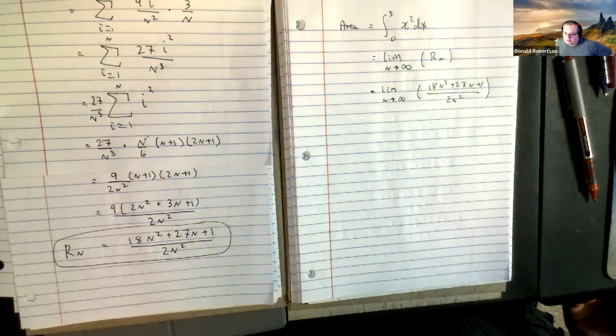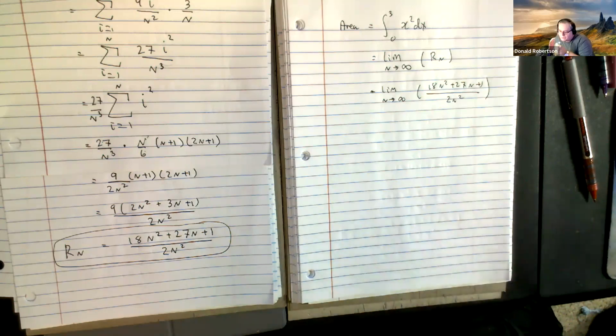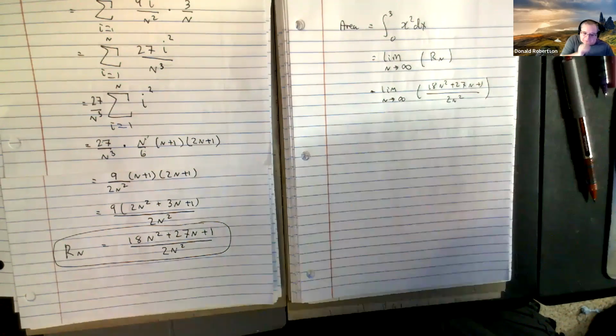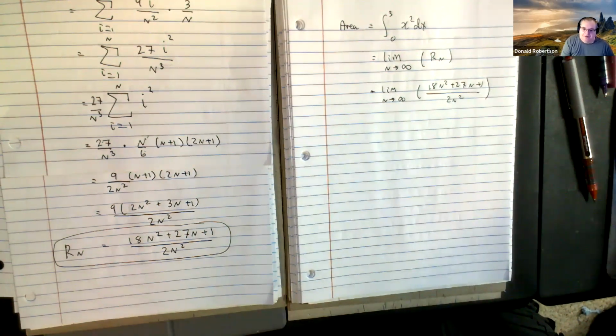One is L'Hopital's rule, and the other is divide the top and bottom by n squared. Anybody got a preference for which one of those 2 methods you want me to use to solve this limit? Okay, L'Hopital gets the job.